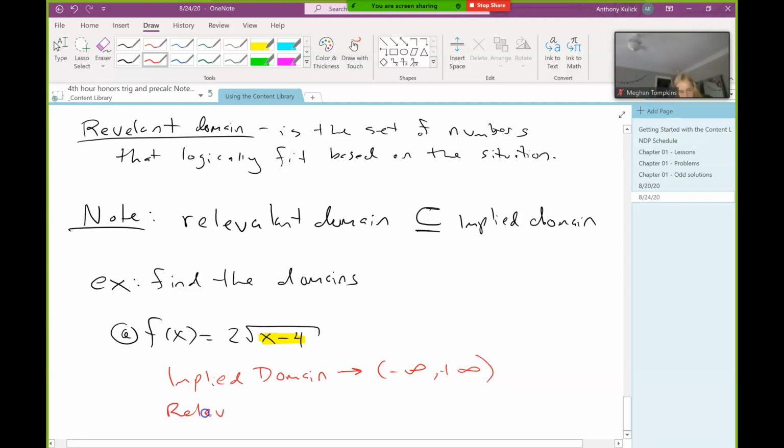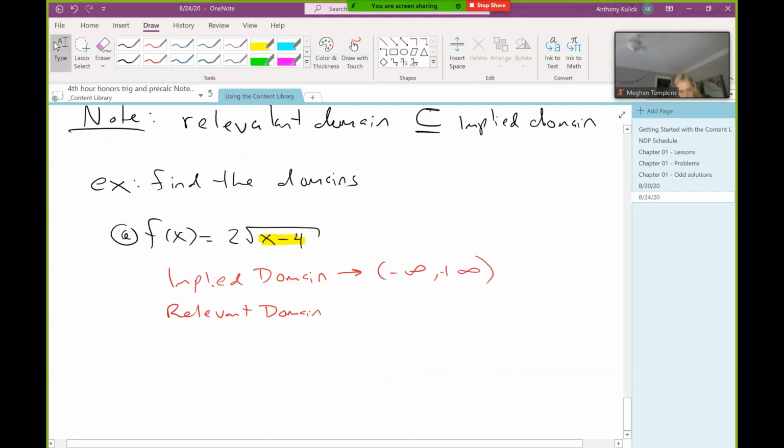Our relevant domain, we know that the part underneath the square root has to be bigger than or equal to 0, right? Because if it was less than 0, you'd have a negative number, and you can't take the square root of a negative and get a real result. Everybody's good with that idea? So I just add 4 to both sides, and I get that x has to be greater than or equal to 4.